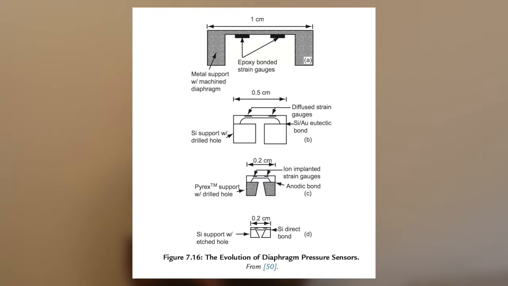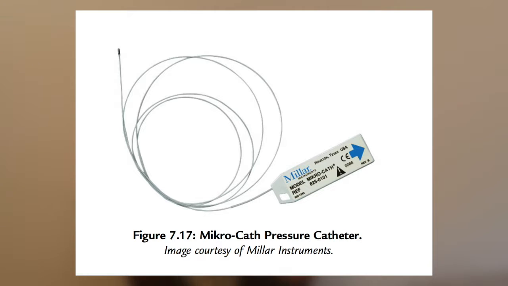Now, these sensors are mounted on a diaphragm, and for thin diaphragms and small deflection, the resistance change is linear with the pressure.